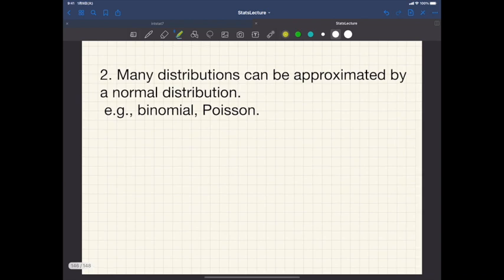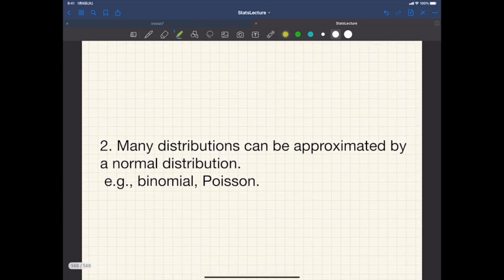And second, many probability distributions can be approximated by a normal distribution. For example, binomial distribution and Poisson distribution. They are discrete probability distributions, but when the number of samples is large, then they can be approximated by a normal distribution.